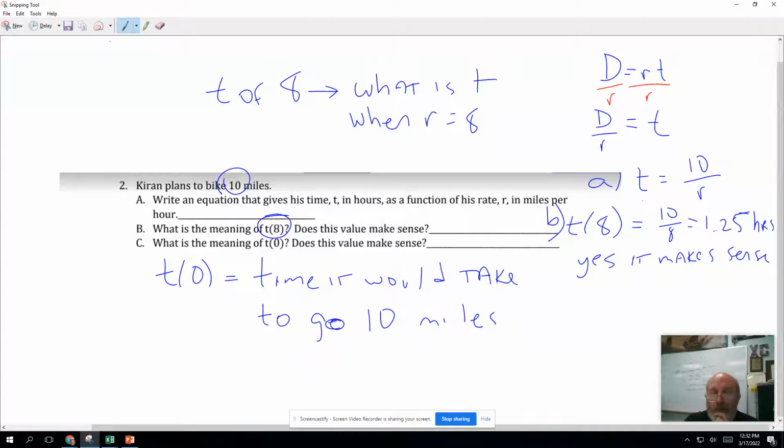But for 0, it would take, to go 10 miles at 0 miles per hour... If you're going 0 miles per hour, how far are you going to go? You're not going to go at all. So does it make sense that there would be a time it would take to go 10 miles at 0 miles per hour? Does not make sense, right?